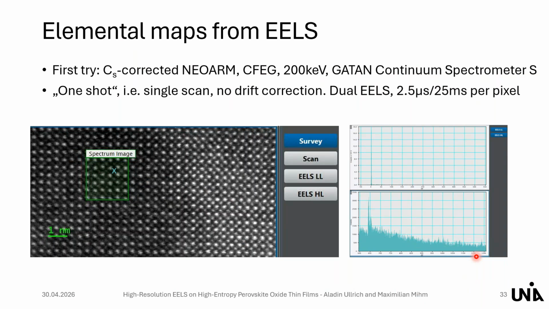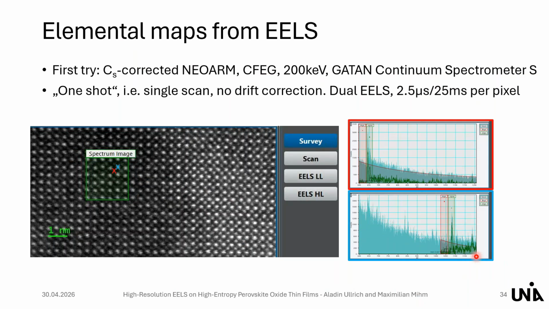So I guess you are all familiar with the spectrum imaging evaluation in the EELS mode. Usually you define some region before your signal for the background subtraction, indicated here in red.